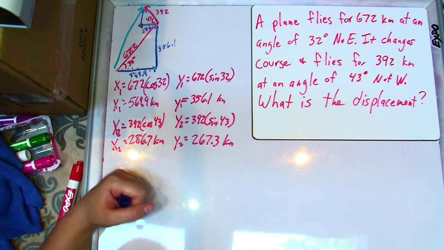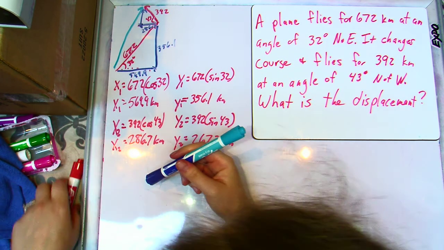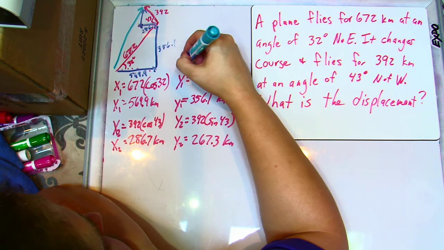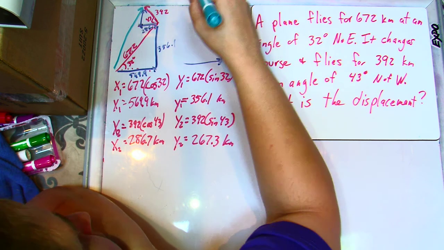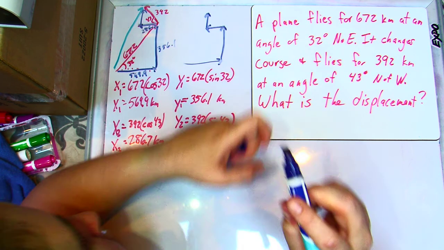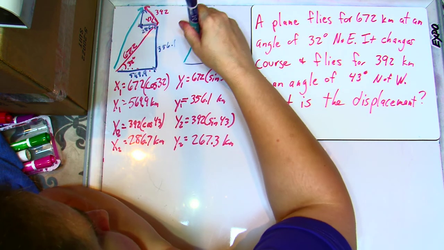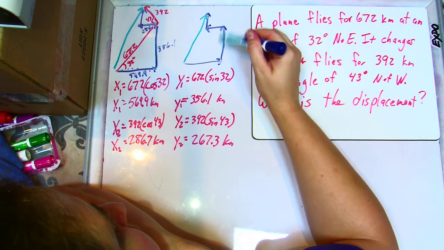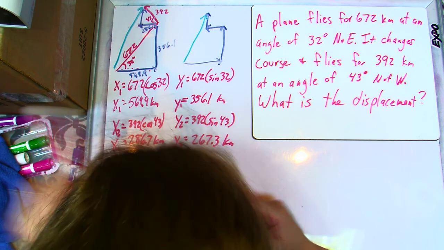So if we were to take a look at this, take away the red, and we would end up with, in other words, notice these two x components. They're heading in opposite directions. And what do we say that means?